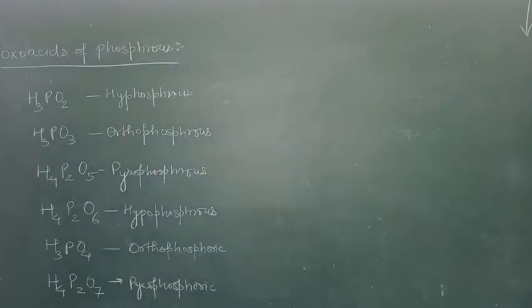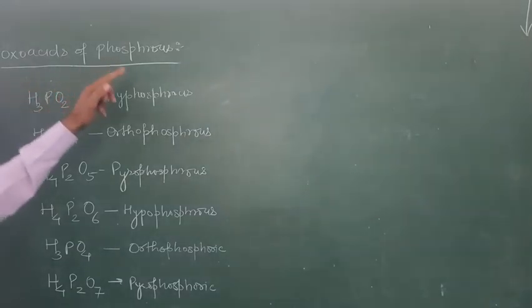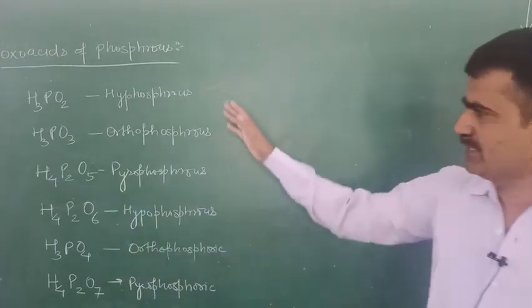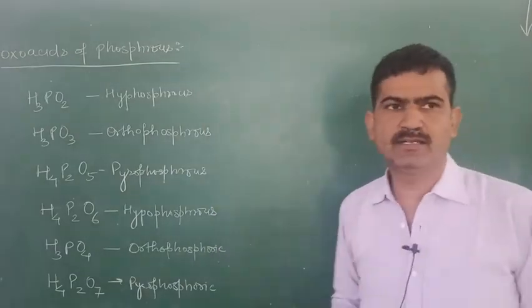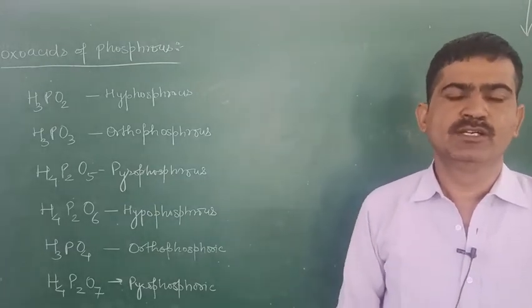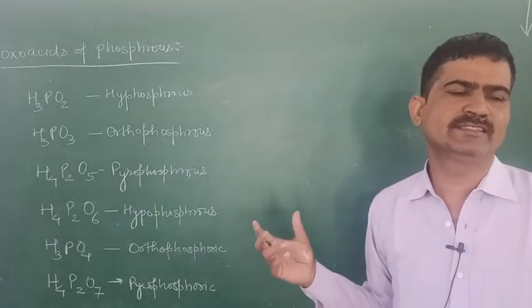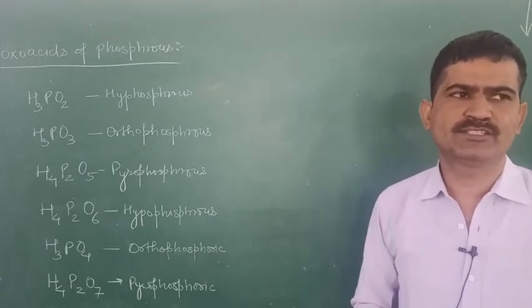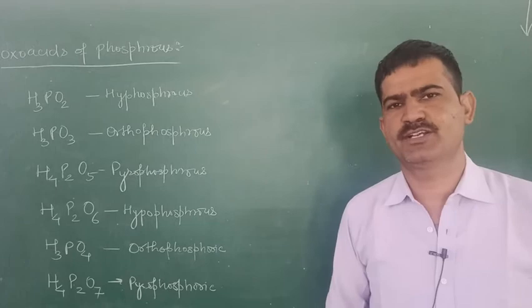Now students, after this we will discuss the oxo acids of phosphorus. In that, a very important topic is the structure of these oxophosphoric acids, their oxidation state, and their structure.